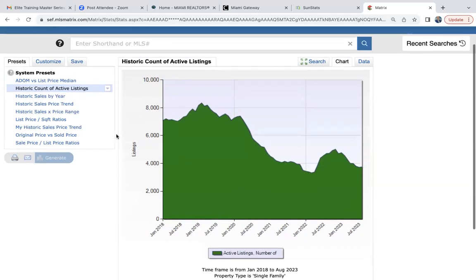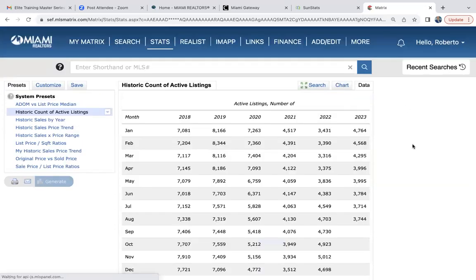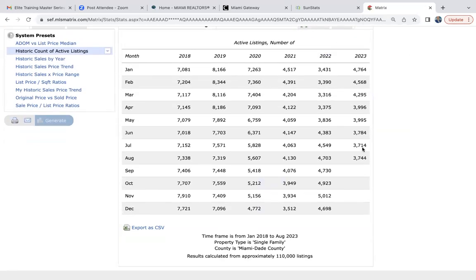Now, if you want to see this in numbers, you can always switch over here to data, and that's going to show you that our active inventory currently in Miami-Dade County stands at 3,744 listings. So we are at a very low point. It's not the lowest point.